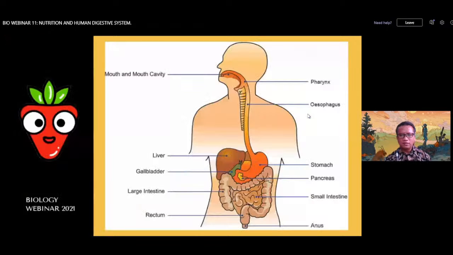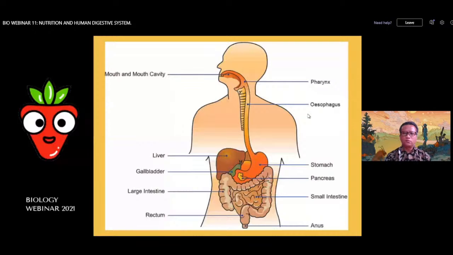Again, this is the diagram of the digestive system. The food will start the process of digestion in the mouth.